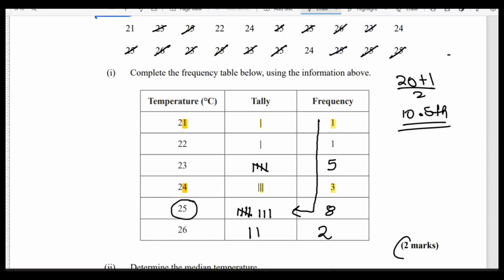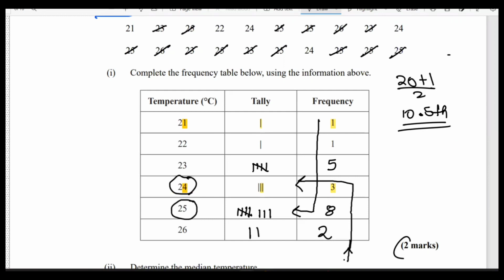Now I do a cumulative check going up the table: 2 plus 8 is 10, not there yet, and by the time I add 3, I reach it. So we have to pick up 24 as well. So 25 and 24 are in the middle together.